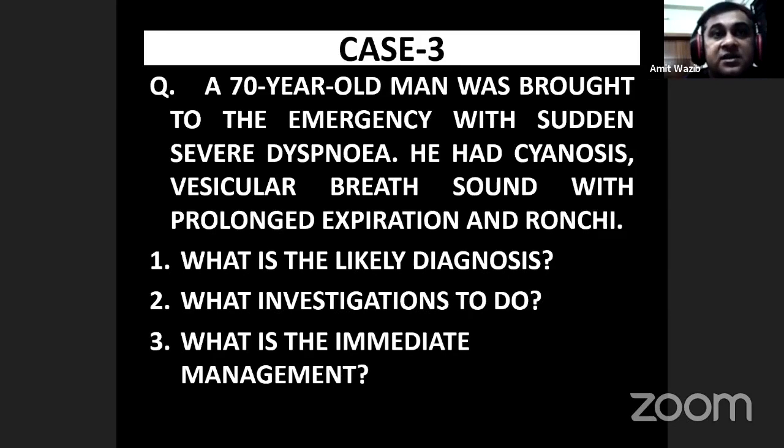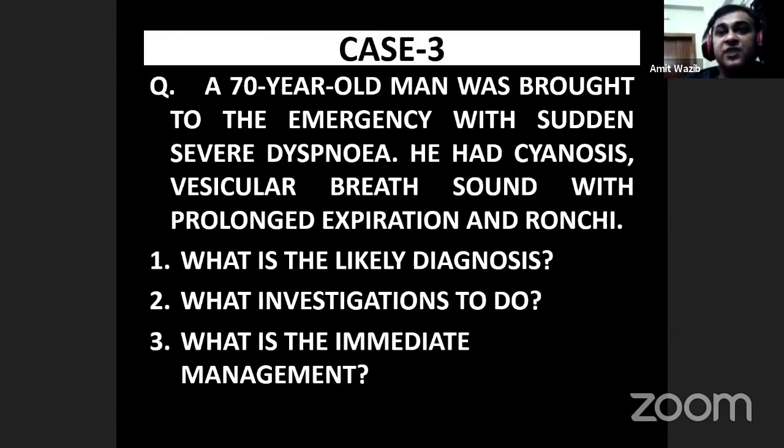Just look at this. It is an elderly person, and this person has dyspnea. There could be quite a few causes, but in the last line, I have already said that there is vesicular breath sound with prolonged expiration and rhonchi. These are signs of obstructive airway disease.